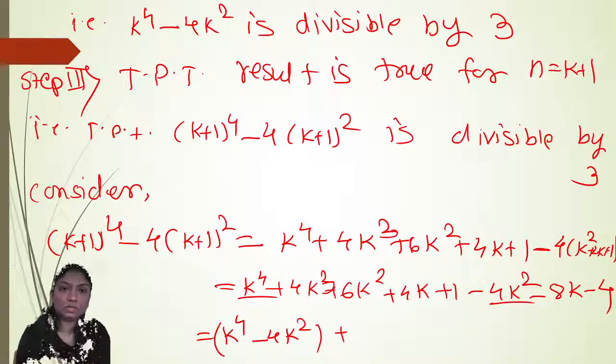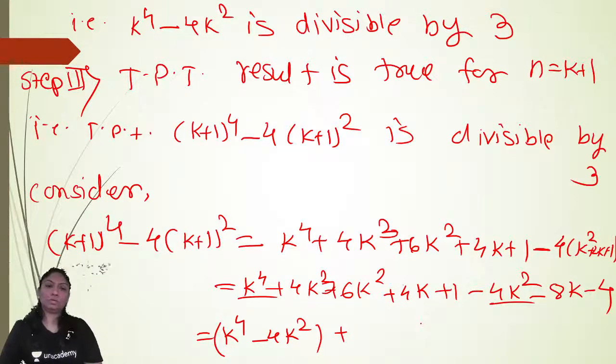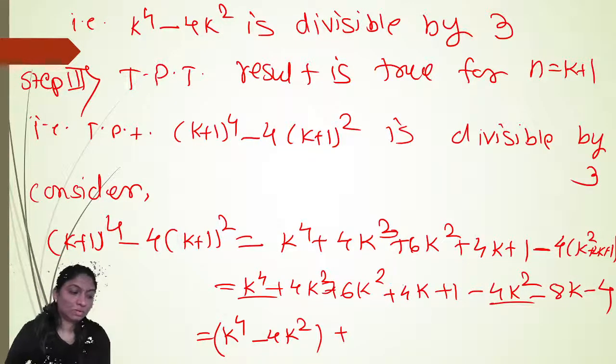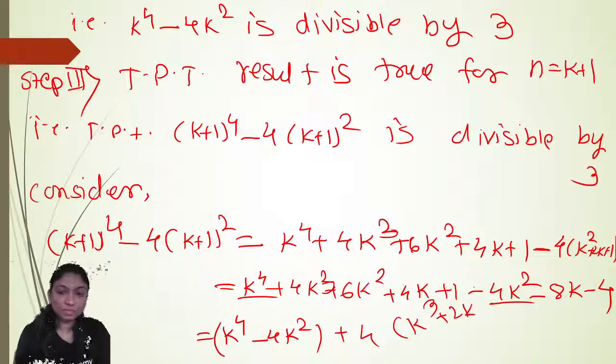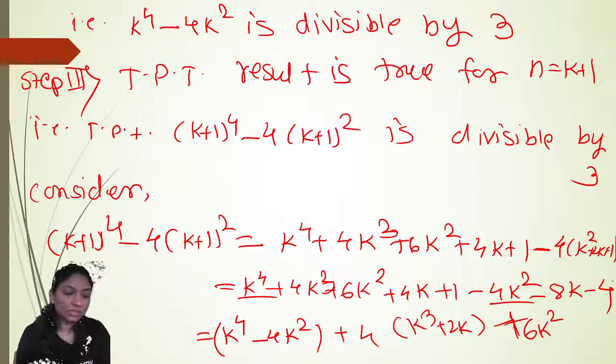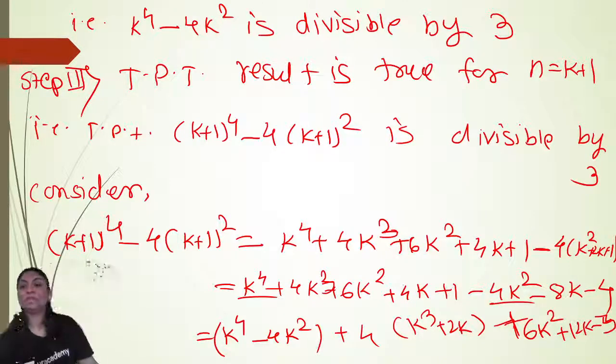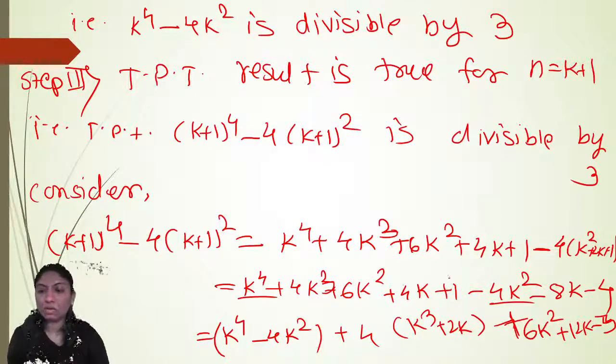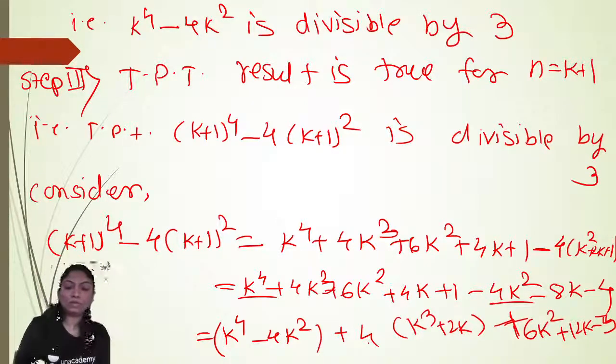Plus 4 into bracket k cube plus 2k plus 6k square plus 6k square plus 12k minus 4 minus 3. Here you will get a multiple of 6, right?